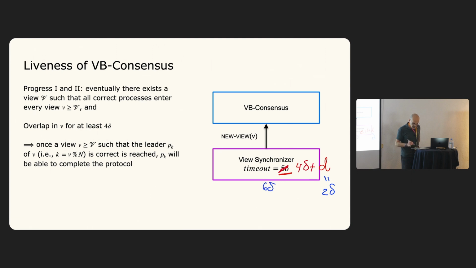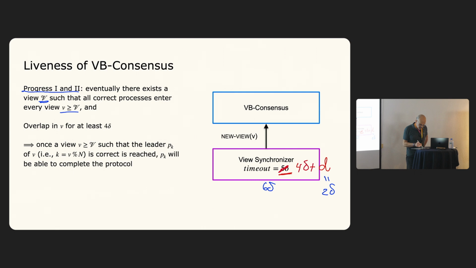Okay. So if we have 6 delta, then VB consensus is guaranteed to eventually terminate, right? This follows from progress 1 and 2: we eventually get to this curly V that everyone is entering, and then every view after that is being entered by everyone. It means that eventually some correct process would become a leader of one of these views.